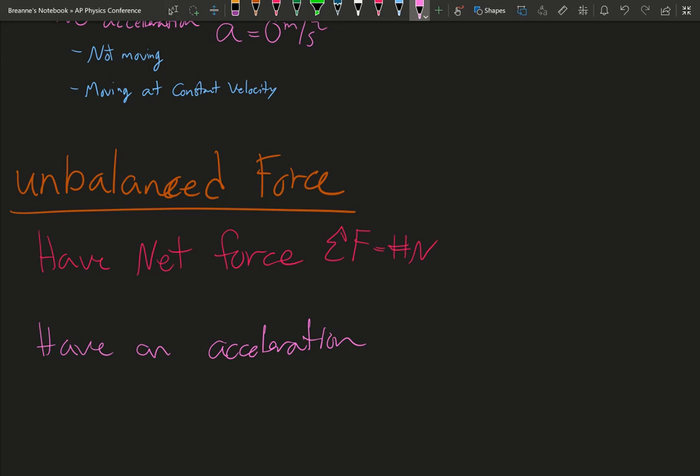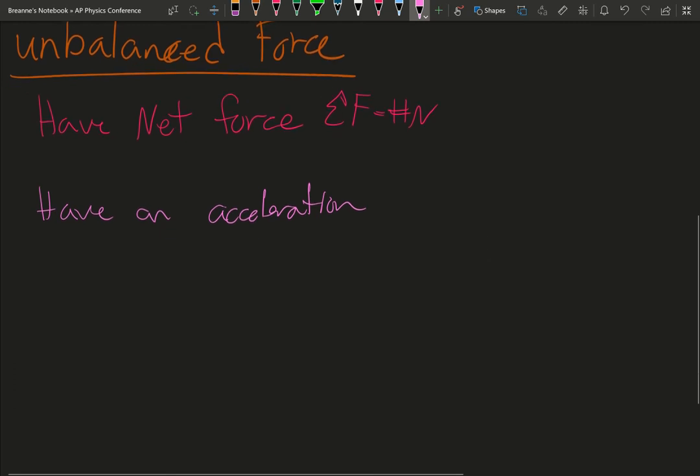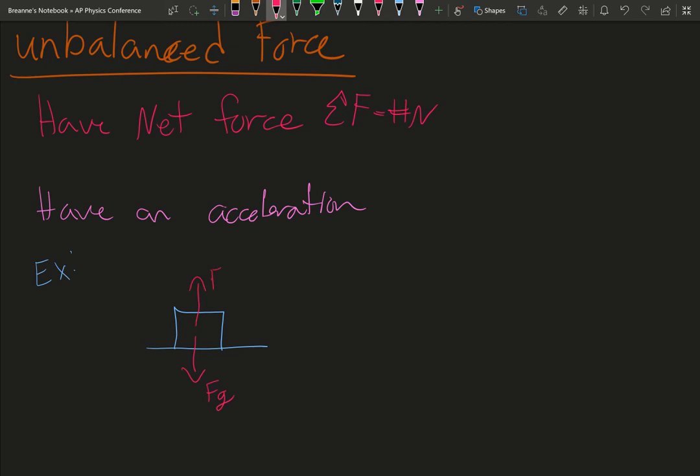That's basically it. Now, what a free body diagram would look like in this case, this is just an example. We're going to show both examples. So we do have your force of gravity, force of normal, force applied, and force of friction.